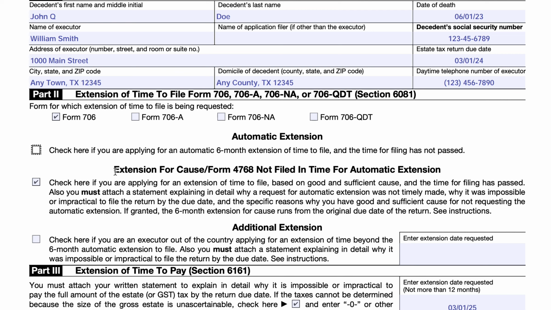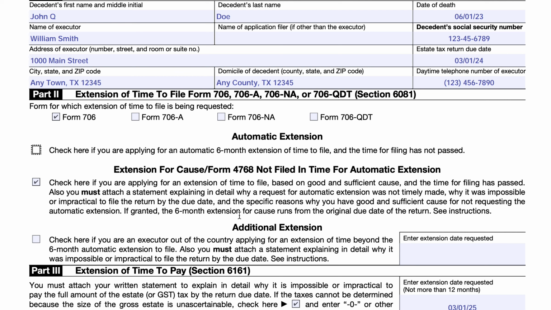You should file an application for an additional extension early enough for the IRS to consider the application before that extension date comes due. So under both of these scenarios, again, the IRS generally won't notify you with an approval or an effective date.